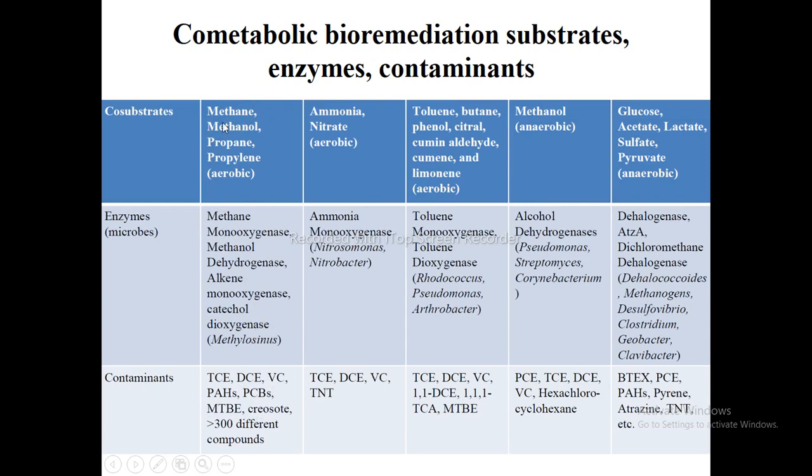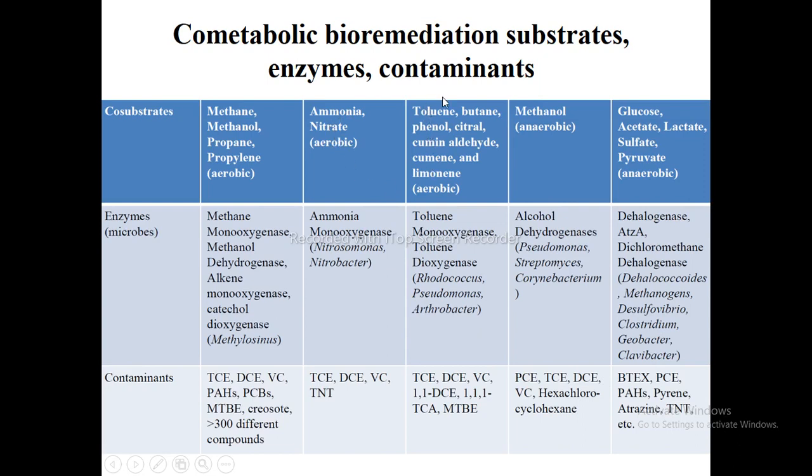Right, and the enzymes involved in degradation, because these compounds will be serving as a source of energy: for methane and methanol, methane monooxygenase, methanol dehydrogenase, etc. will be required. Similarly, ammonia and nitrates can be used as co-metabolites for degradation of TCE, DCE, TNT, VC, etc., and ammonia monooxygenase will be the enzyme required for metabolism of these compounds.